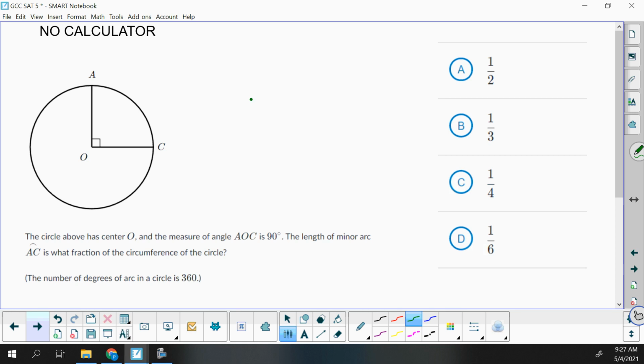Well, all we have to do is take the 90 degrees that we have for our angle, divided by the 360, which is the whole. And we need to see which does this reduce to? Well, you can divide them both by 10. That gives you 9 over 36. Divide those both by 9, and we get 1/4. So choice C.